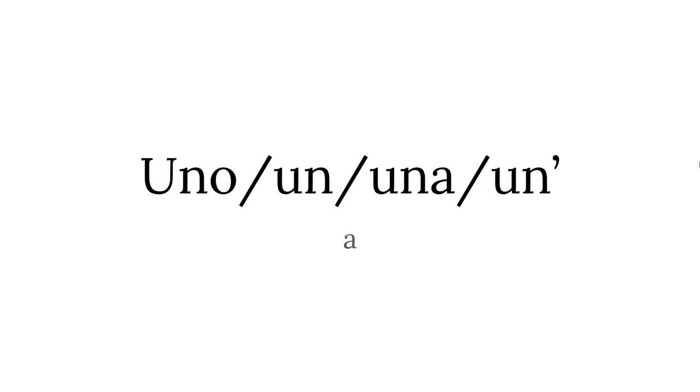Then, how to say for example, a pen? Well, in Italian, that's complicated because we have 4 options. So basically, the most common ones are un, masculine, una, feminine, una penna, for example, un tavolo.